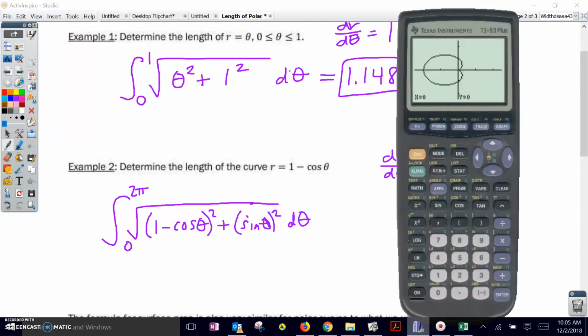And so now we'll go back to our calculator and go ahead and integrate this. It's going to be the integral of the square root of quantity 1 minus cosine of theta, quantity squared, plus quantity sine of theta, quantity squared, with respect to theta from 0 to 2 pi.